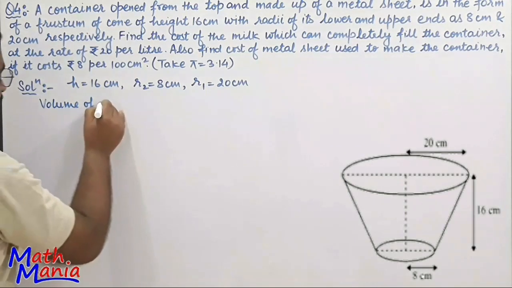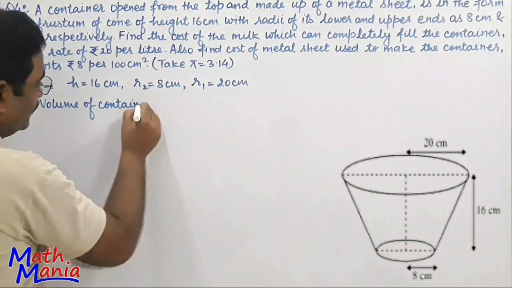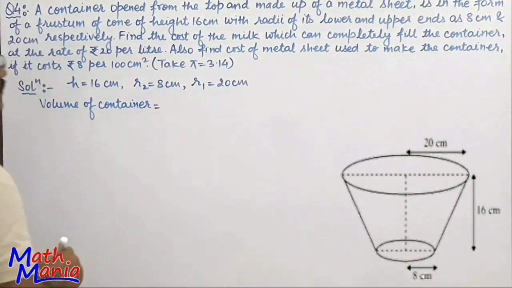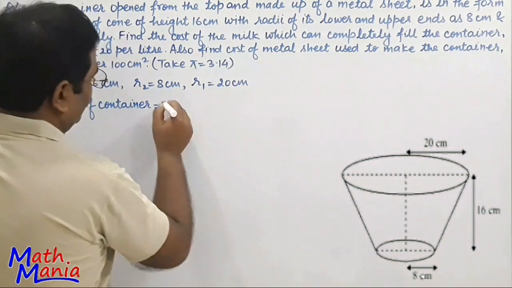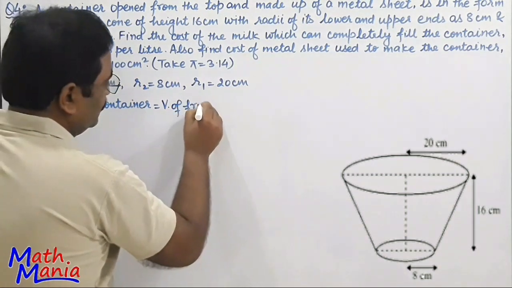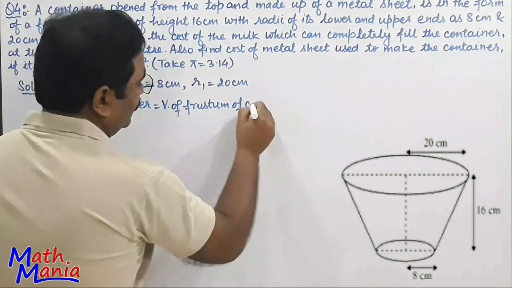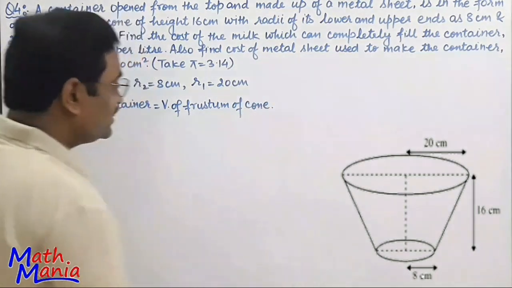Therefore the volume of the container is equal to the volume of the frustum of a cone. Right friends?